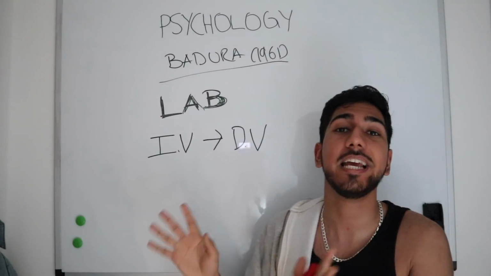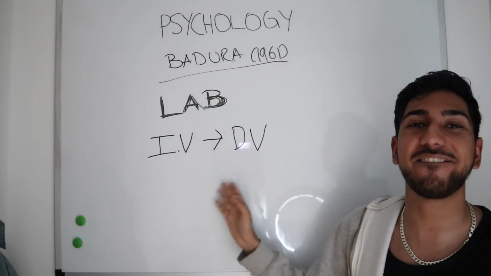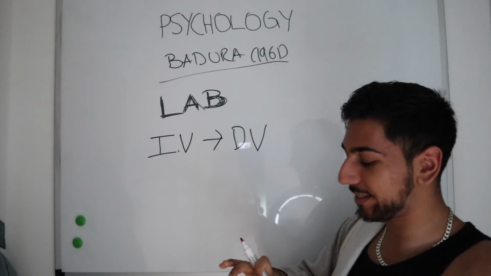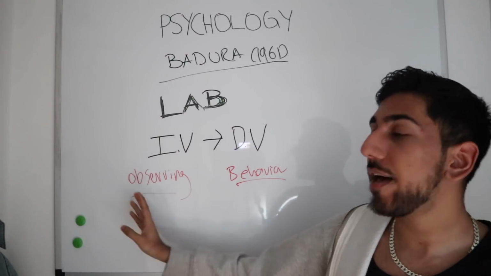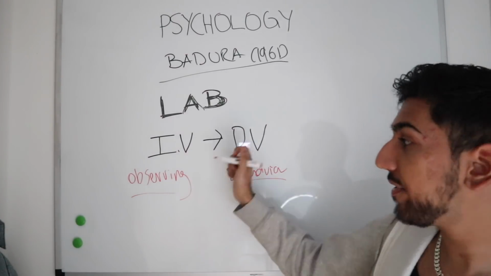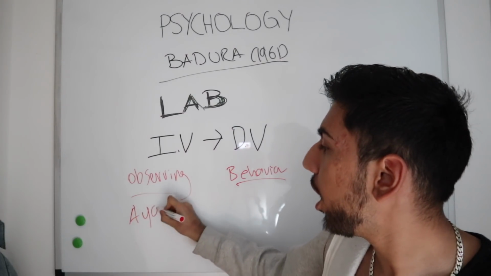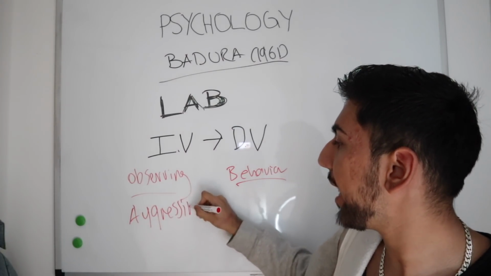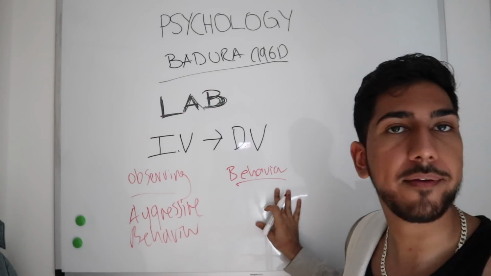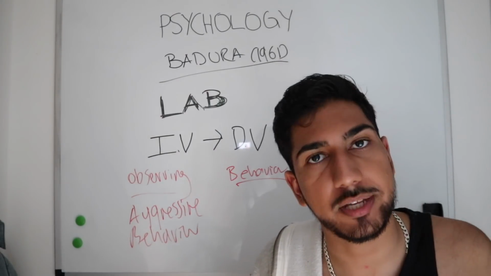So basically, what is it that affects something else? Specifically, what Bandura is trying to find out is, does observing behavior influence your own behavior? And specifically, let's say observing aggressive behavior. Does that influence your behavior? Does it influence you to become aggressive?